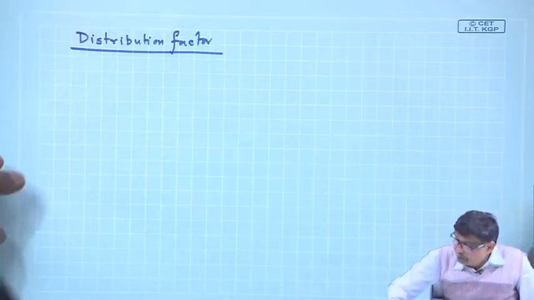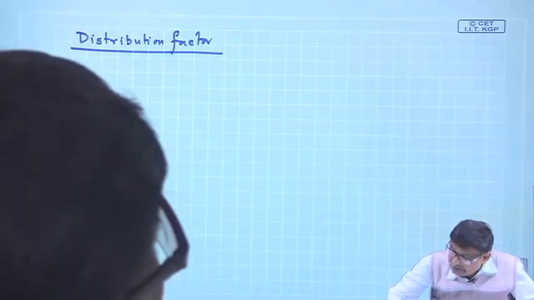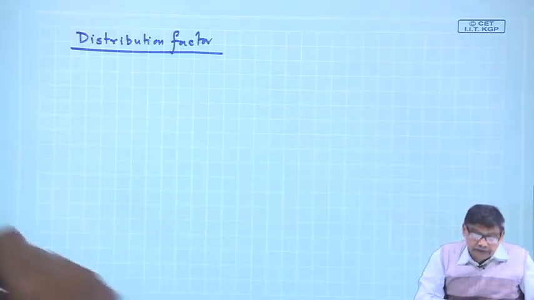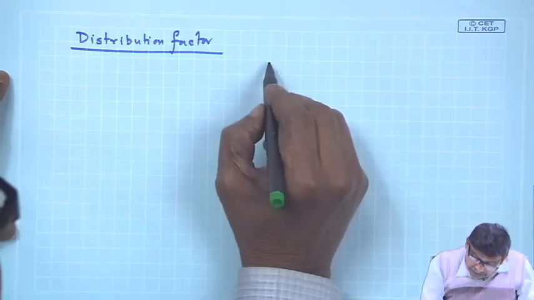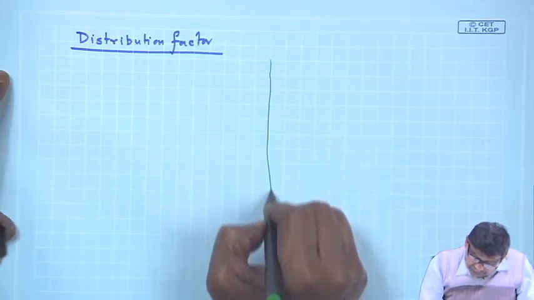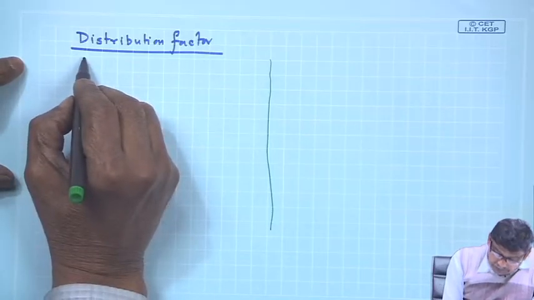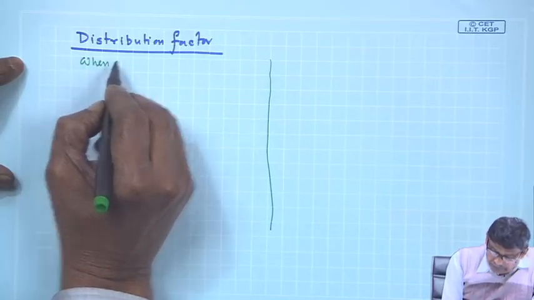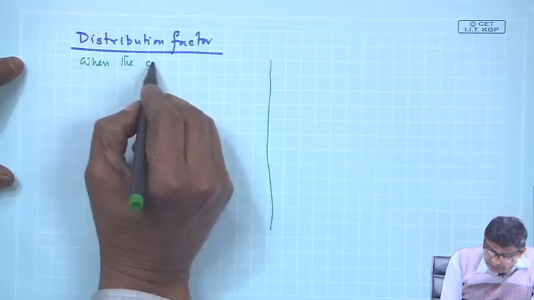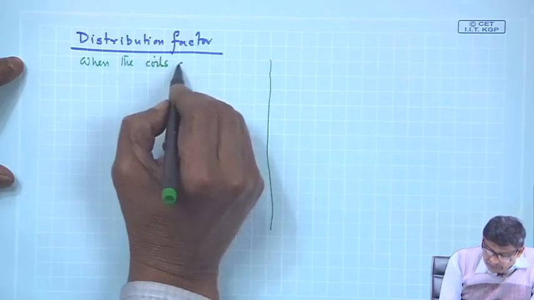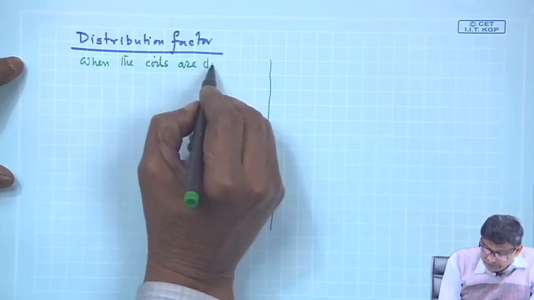Okay. So, let me redraw it. So, here I will draw a vertical line, and here when the coils are distributed.